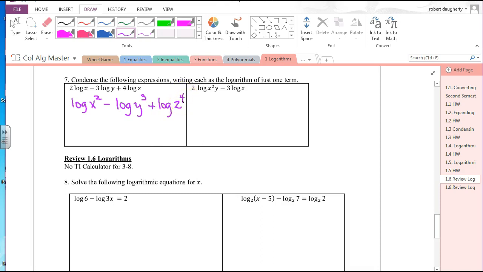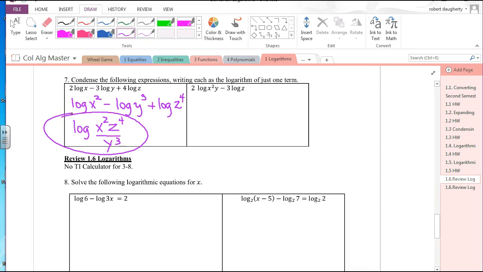So that means now I can combine with the product and the quotient rule. This is going to be the log of x squared times z to the 4th divided by y cubed. So I use my product and my quotient rule to put this one back together.